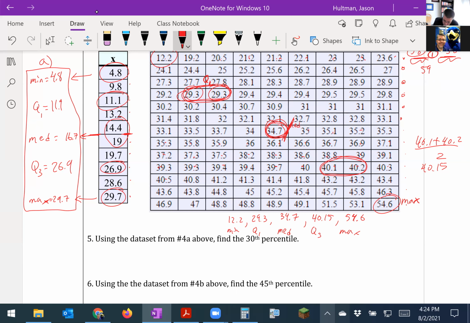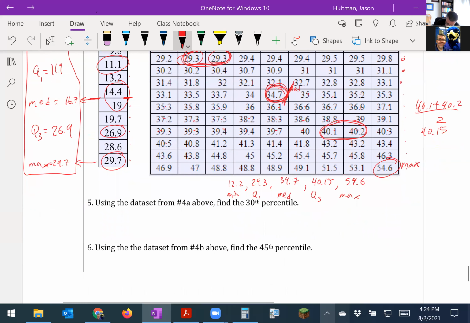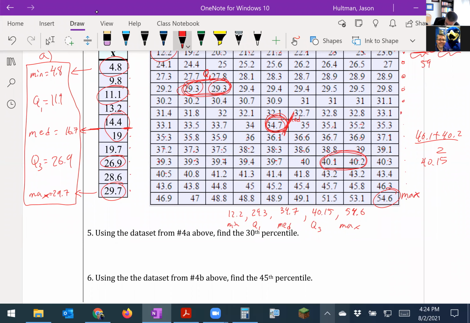Okay, so now it says, using the data set from 4A, find the 30th percentile. So what's 0.30 of 10 items? Well, that's 3.